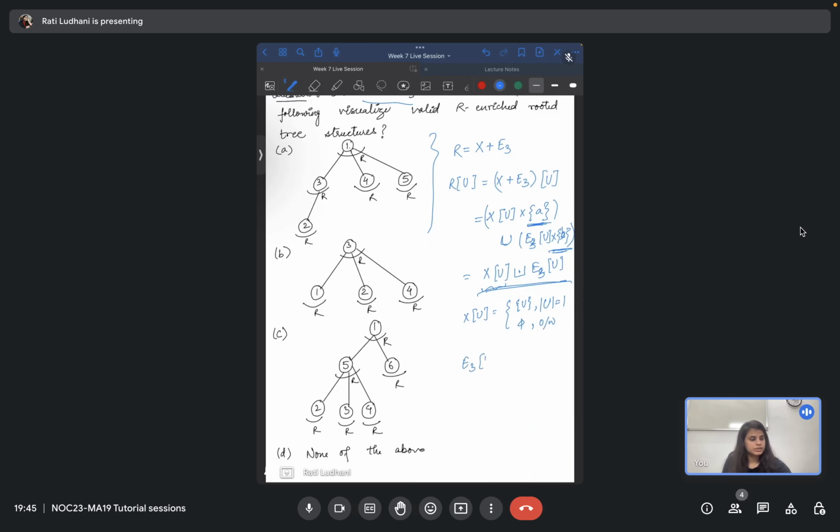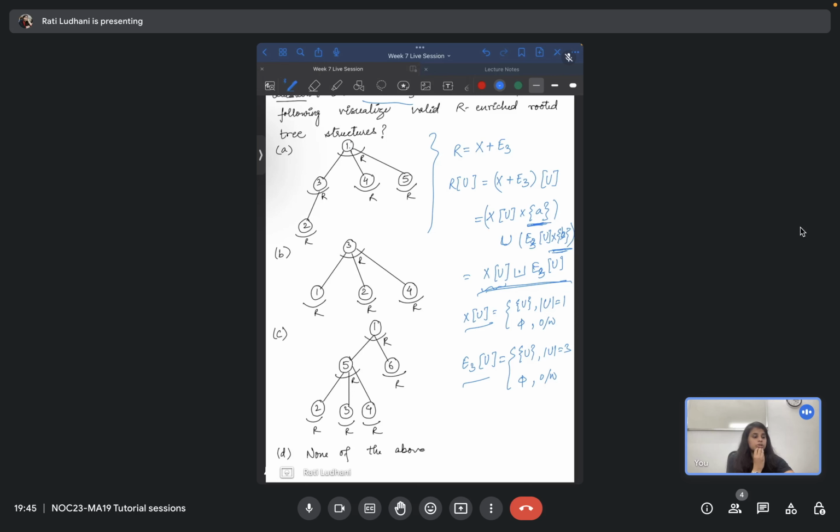I think xu is this only. Singleton set U. And this is set U if cardinality of U is 3, and phi otherwise. These are the values for the x structures and e3 structures.